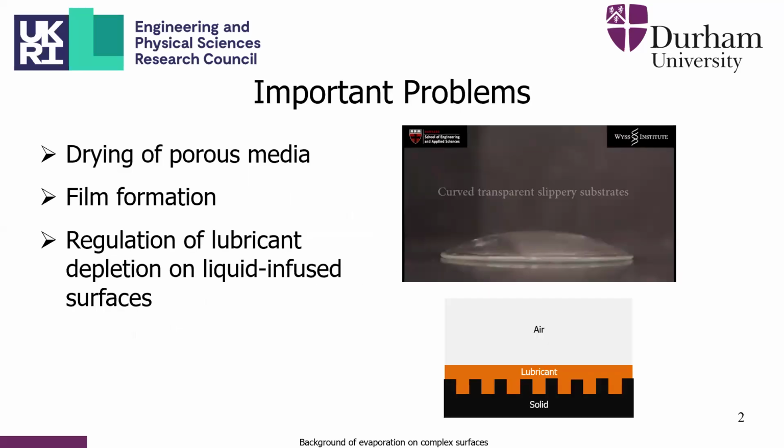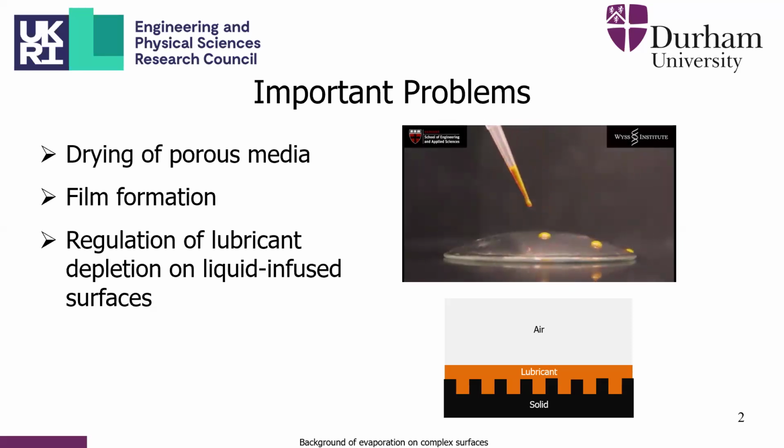And the reason we're looking at this is there's a number of interesting problems. One of these is drying of porous media, which we've already had two talks on. Another one is film formation. If you have a drying liquid on a surface, you want to be able to maximize the evaporation rate to be able to apply coatings to the surface. And the last one that we're interested in is regulating lubricant depletion on liquid-infused surfaces.